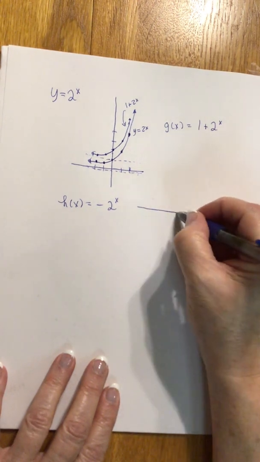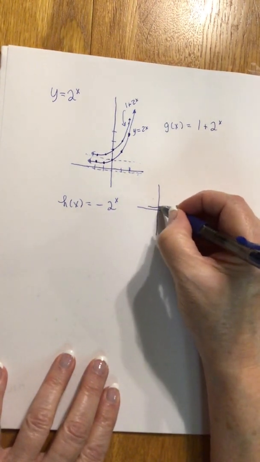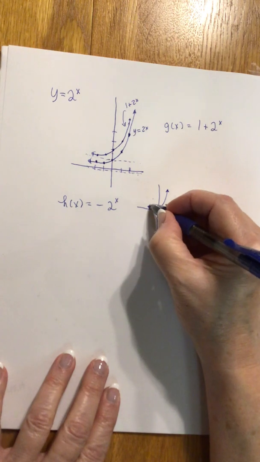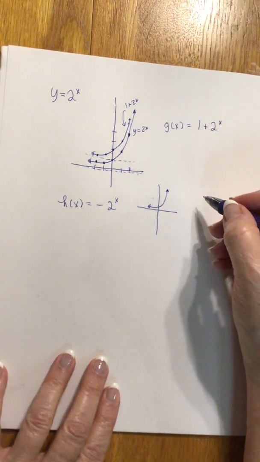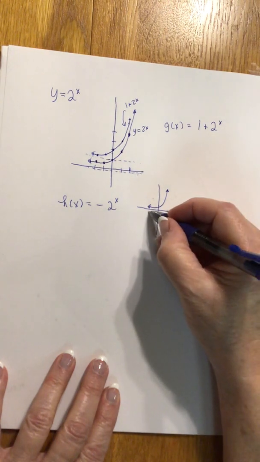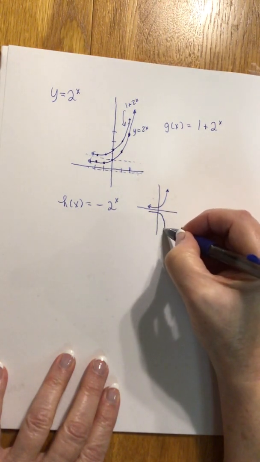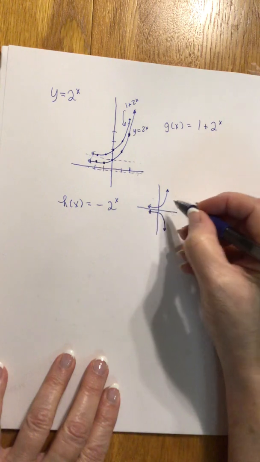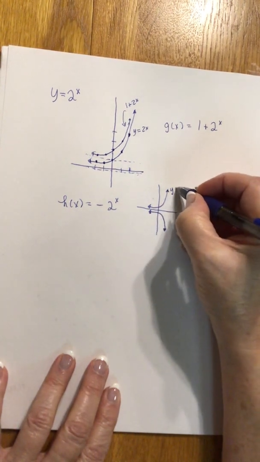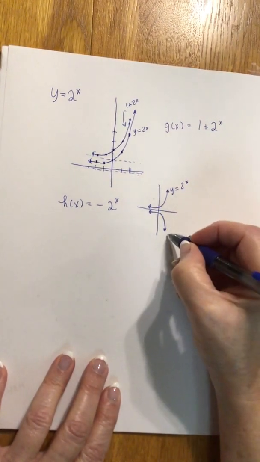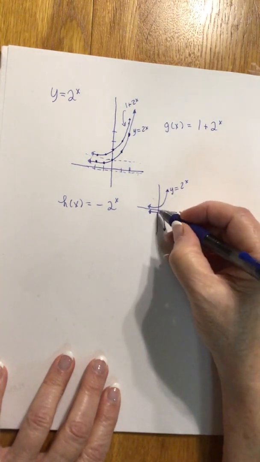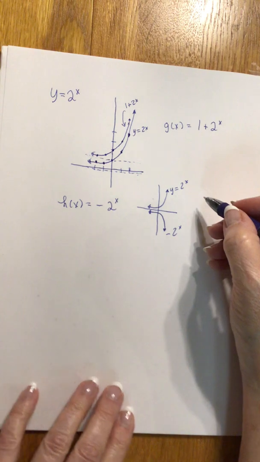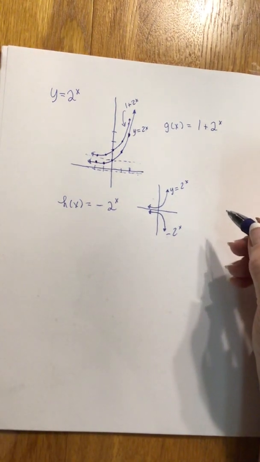So if our original graph looks something like this, how's that going to affect it? We know that it's going to reflect it across the x-axis. So this one would be my y equals 2 to the x, and this one is going to be my -2 to the x, because all of these are going to reflect across. You get the idea?